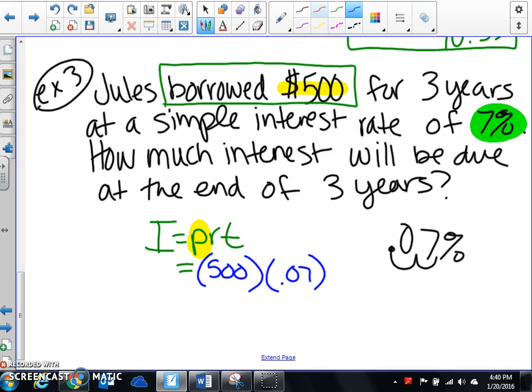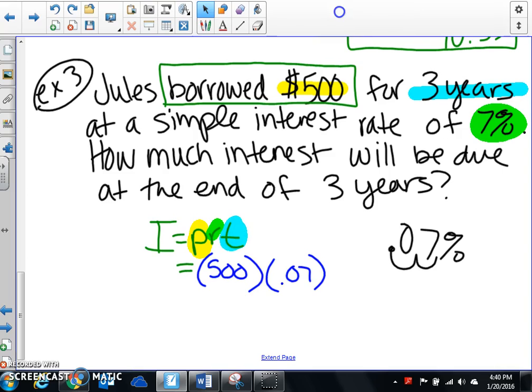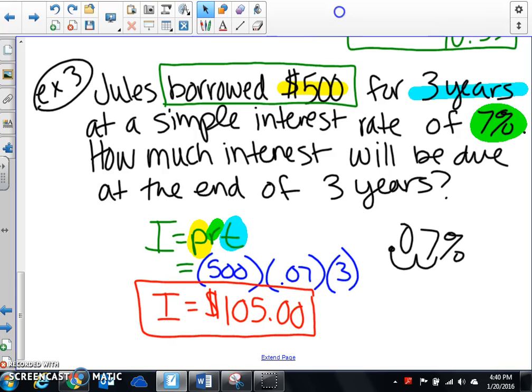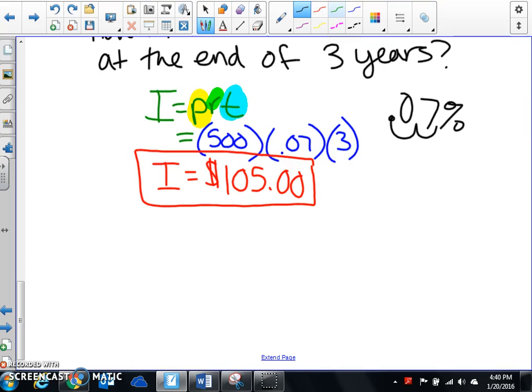And then my time is always years, so my time is here, 3 years. So I'm just going to plug it in. Now I calculate 500 times 0.07 times 3, which gives me 105. So my interest is equal to $105. How much interest will be due at the end of the 3 years is $105.